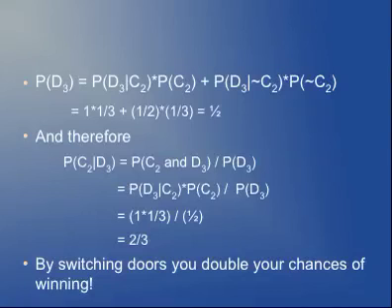So the probability that the car is behind door 2, given the host opens door 3, is equal to the probability that the car is behind door 2 and the host opens door 3 divided by the probability the host opens door 3, which we can rewrite as the probability the host opens door 3 given the car is behind door 2, times the probability the car is behind door 2, divided by the probability the host opens door 3 generally.